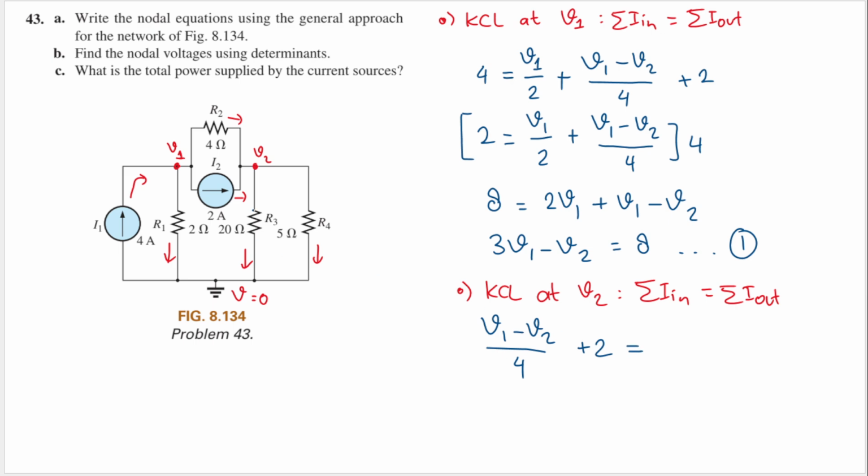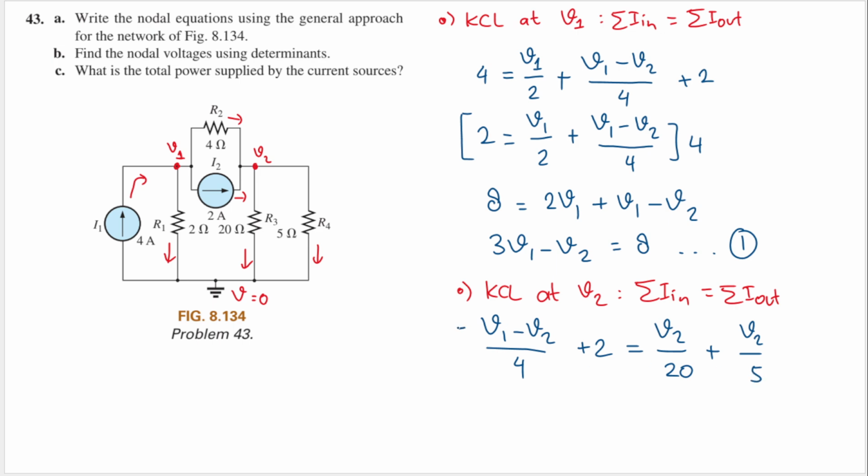That equals V2 minus 0, which is V2, divided by the resistance between them, 20, plus the current here, V2 minus 0, which is V2, divided by the resistance between them, 5.